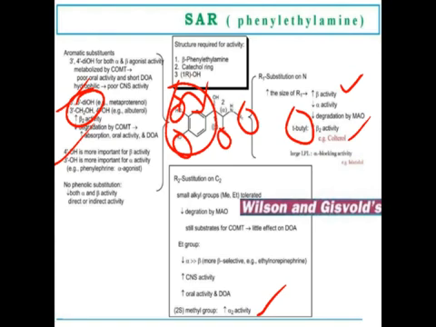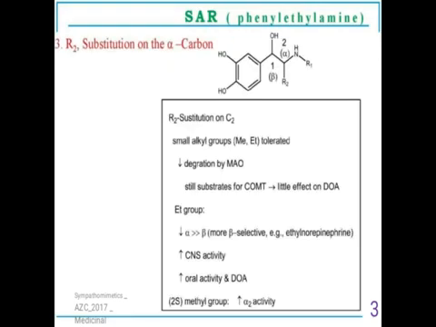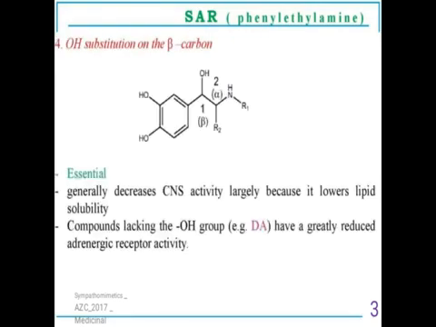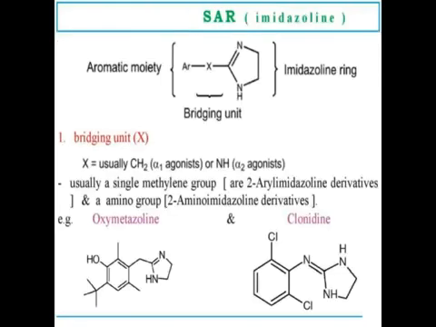Now we will move to the SAR of adrenergic agents regarding the imidazole as a basic nucleus. Okay, so this is the general structure for the agonist drugs having the imidazole in their ring structure.